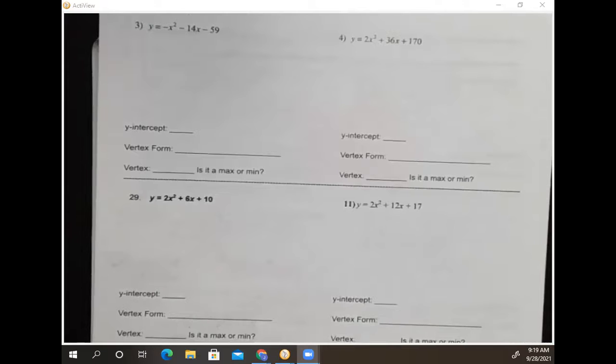If you get stuck, if you need help, if you just want to check your answer, please make sure you ask questions. Okay, so on the back side of that paper, we're working on completing the square and changing to vertex form. Again, all these problems are going to have something as a lead coefficient that you need to factor out. So the first one is the negative, then we've got a 2, and I think the bottom of the page has some 3s, but all of them have something you need to factor out.